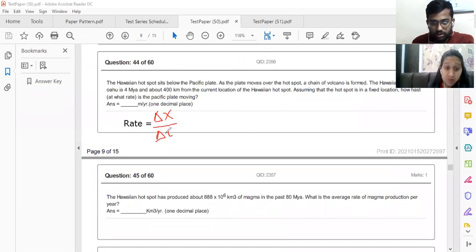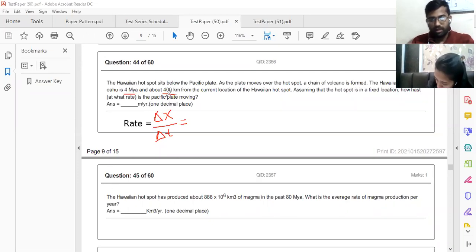Meaning changing distance in the numerator and changing time in the denominator. So see here, time is given, 4 million years, and the distance traveled is 400 kilometers. So you have the changing distance directly, 400 kilometers, delta x.